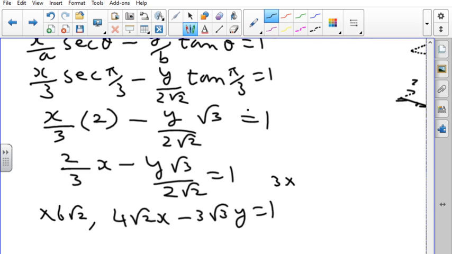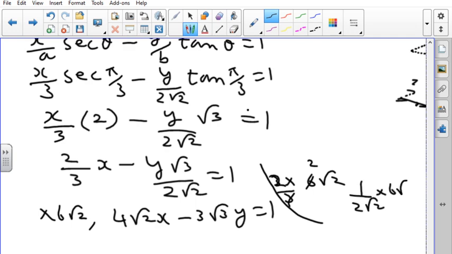So 2 into 2 by 3 into 6 root 2, 3 goes here 2 times, so we get 4 root 2. Then similarly 1 by 2 root 2 multiplied by 6 root 2, the root 2 gets cancelled, so we have here root 3, so 3 root 3 y. Now, this is the equation we get.